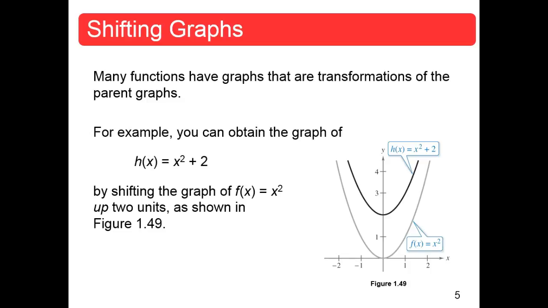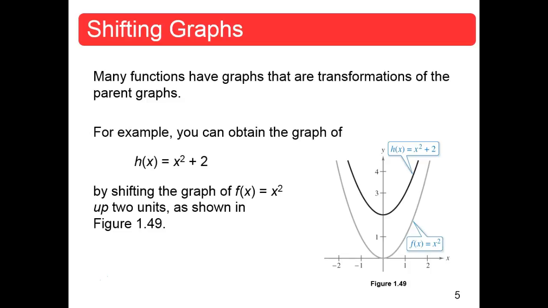By shifting the graph of alpha of x equal x squared, which is the parent function here, up 2 units, as shown here. Now you notice the shape of the function is exactly the same. It does not change. That's why we call this a rigid transformation.